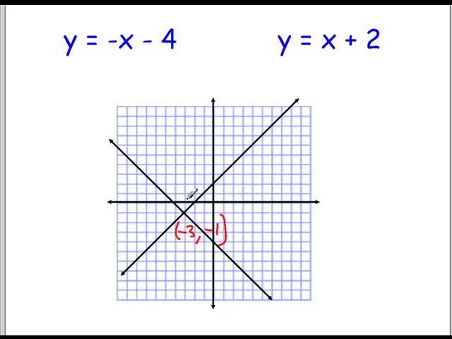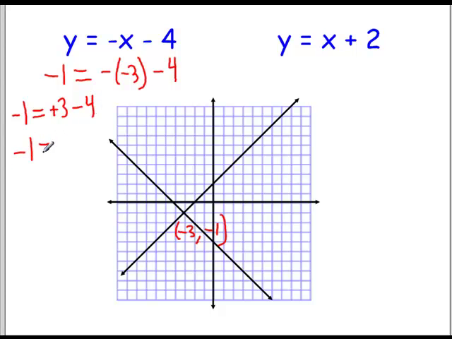If we plug this point into here, we're going to get negative 1 equals, make sure you keep that negative sign, so it's negative 3 minus 4, which is really plus 3, right? Minus the negative is plus, so it's plus 3 minus 4, so we get negative 1 equals negative 1. And you see that that is true.